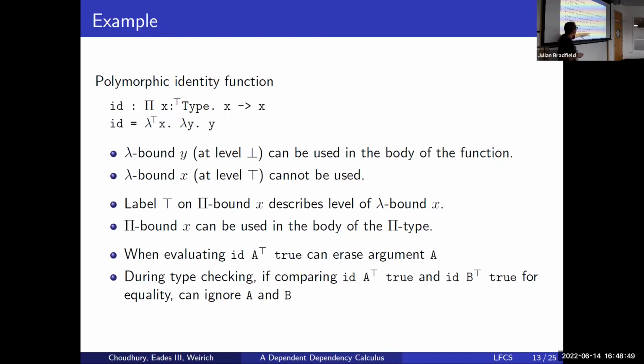And when I'm comparing maybe two applications of ID, ID A true to ID B true, I can ignore it. I don't have to look at them to decide whether these two applications are equal. The type is determining, when I have applications, what annotations I have to do on the applications. And then those annotations are going to determine how I do that equality. It's going to tell me that I can ignore these parts.